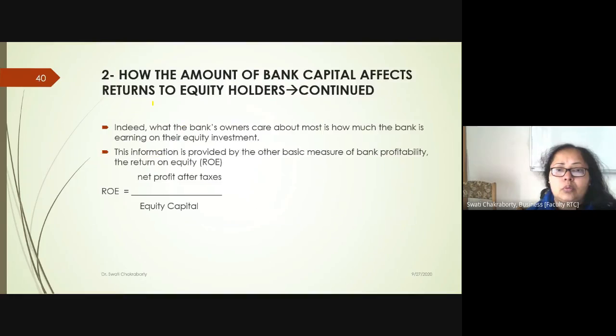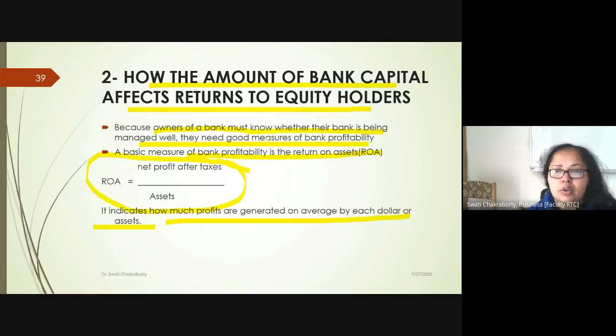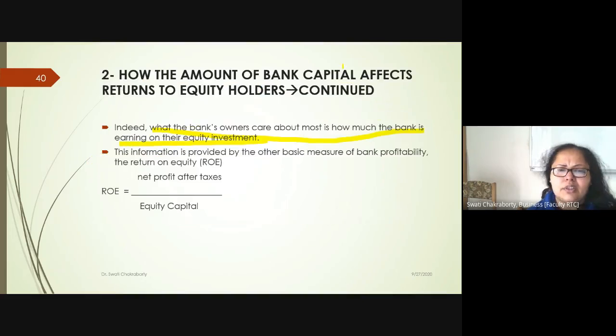Now, what the bank owners care about is how much the bank is earning on their equity investment. That's why we said equity holders, right? That's why equity is coming in. The owners of the bank are concerned about how much the bank is earning from their equity investment.